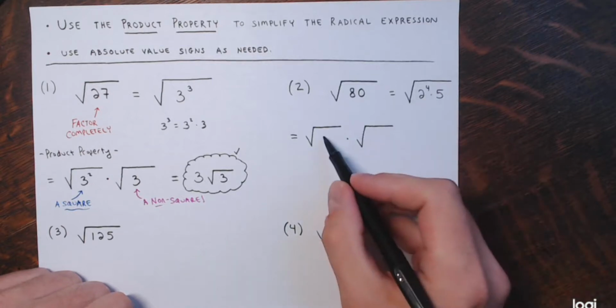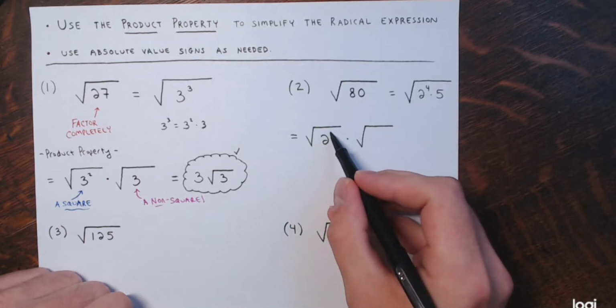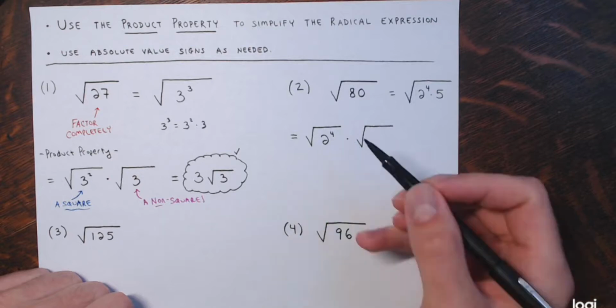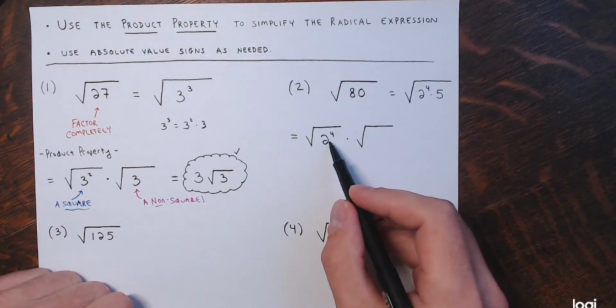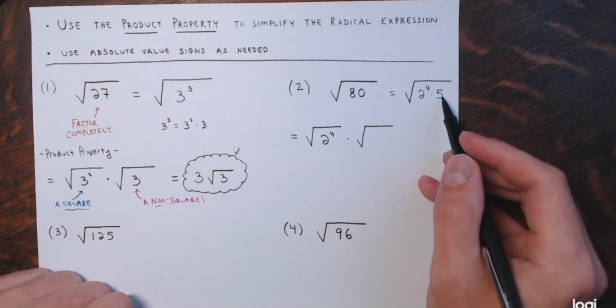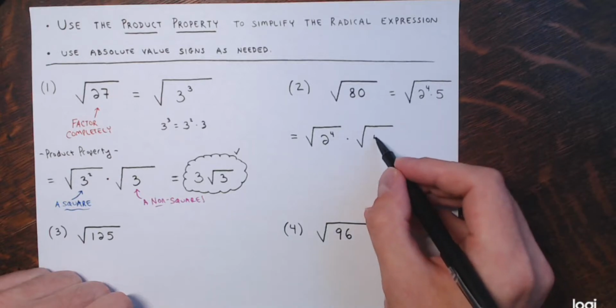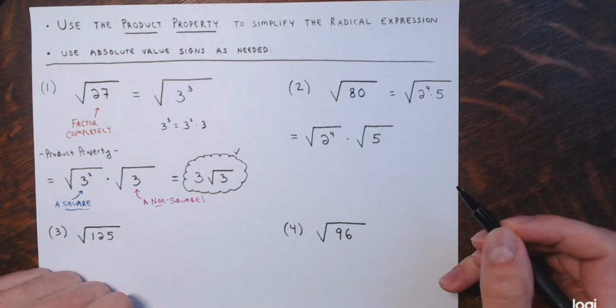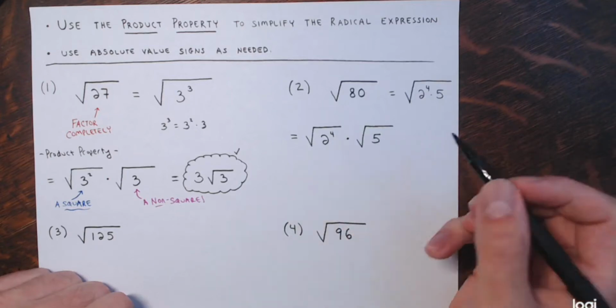Like 2 to the 4th is a perfect square. And I'll show you why in a second. 2 to the 4th can be written as an expression to the second power. And the only factors that can't be expressed as something to the second power is the 5. So I put 5 in the other square root. Again, this is using the product property.